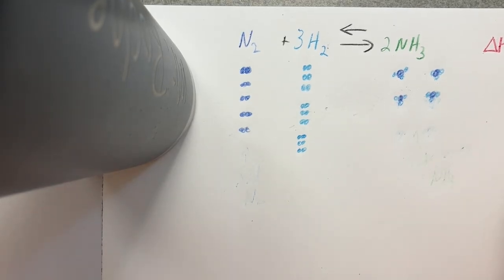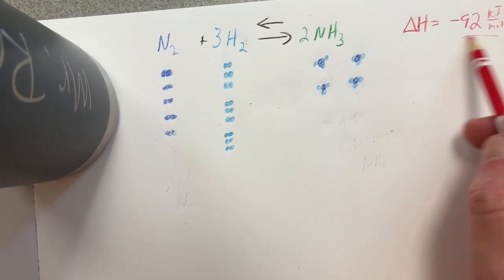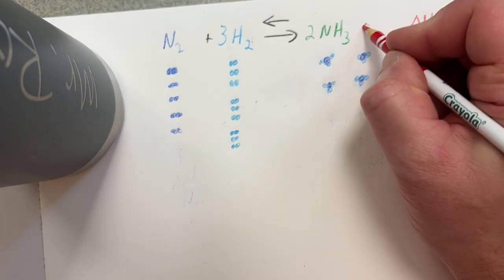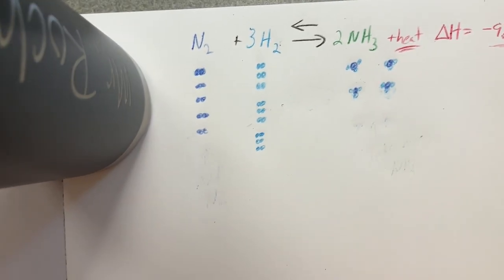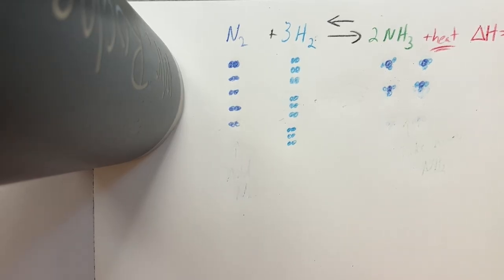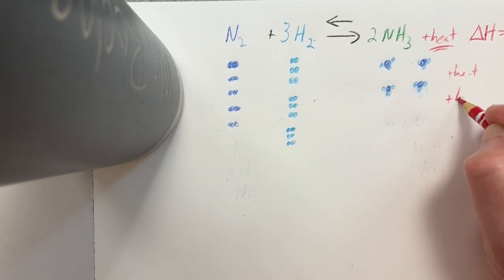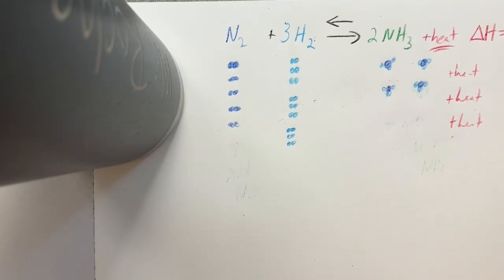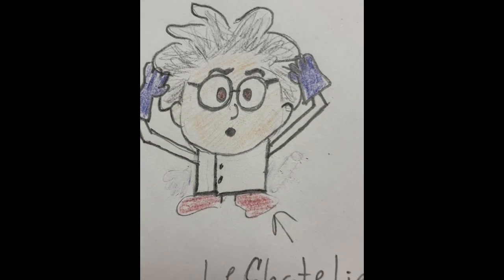So again, let's take a look at some temperature changes. So the delta H is negative in this situation, which means heat is going to be a product. So if heat is a product, and then we added more heat, so we put more heat into this. So now LeChatelier is like, oh no, that's too much heat. It's too hot.